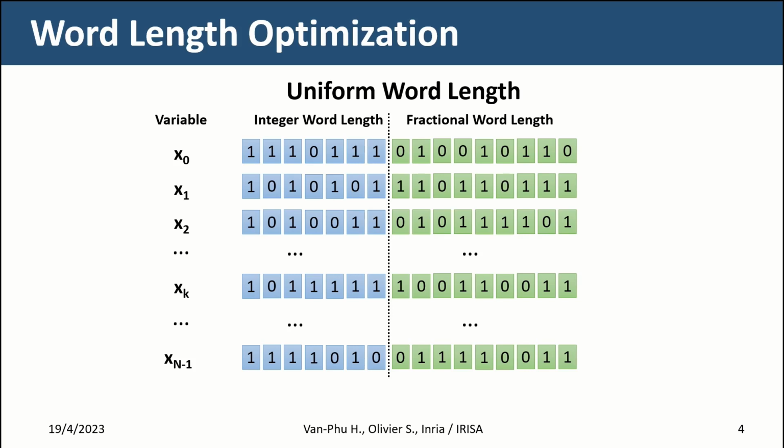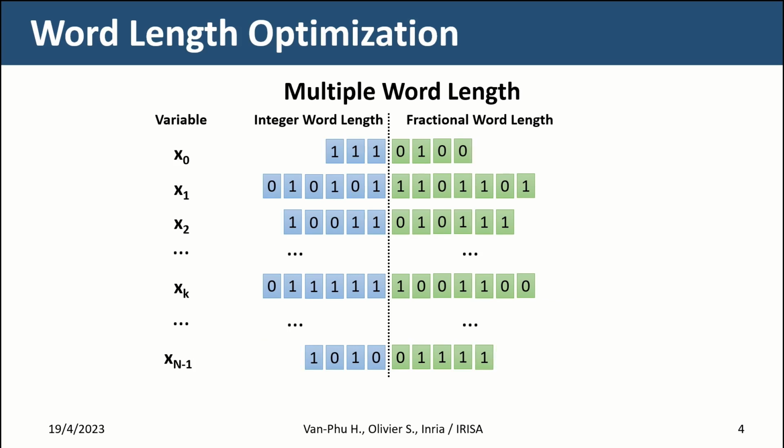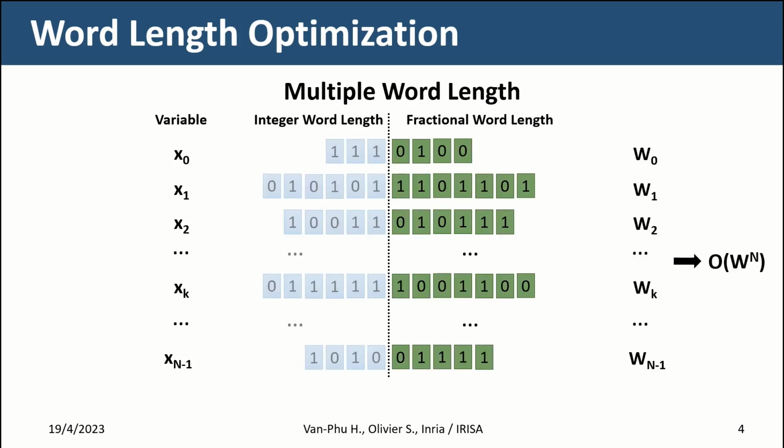Some studies use uniform word length, where the word length of variables are the same. However, the current approaches focus on multiple word length optimization to obtain more energy saving from accuracy and cost trade-off. And in this study, we focus on solving fractional word length optimization, which involves finding the best word length configuration for the fractional part.